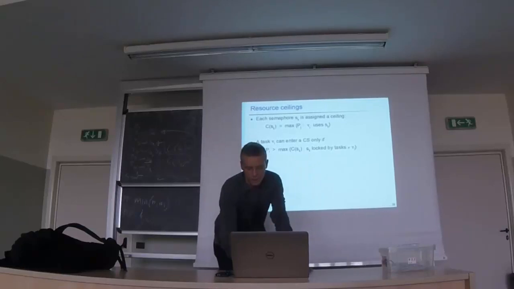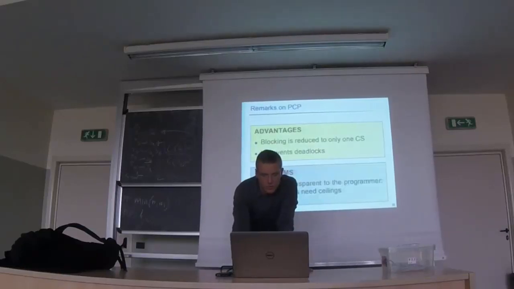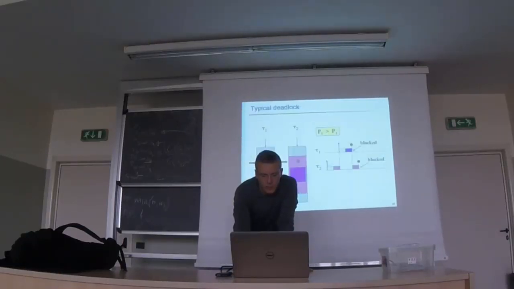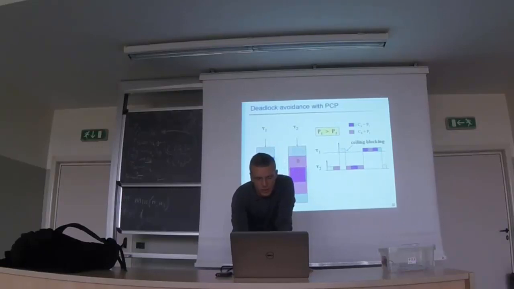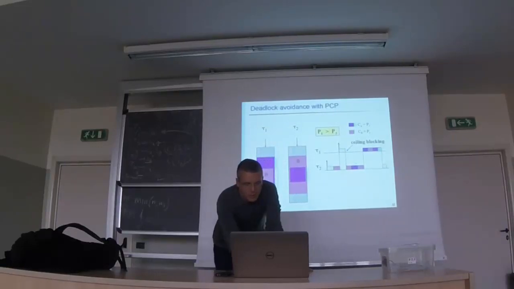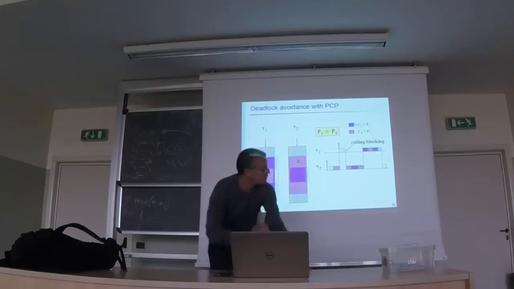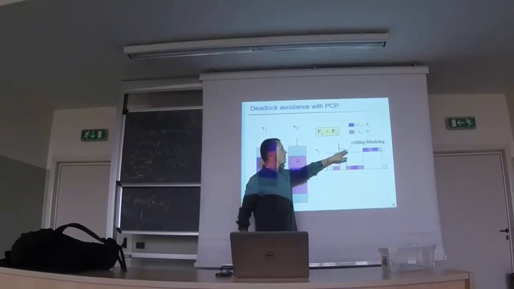The currently locked semaphore here is the B semaphore. The ceiling of B is P1, so it cannot enter its critical section. This guy cannot enter its critical section.